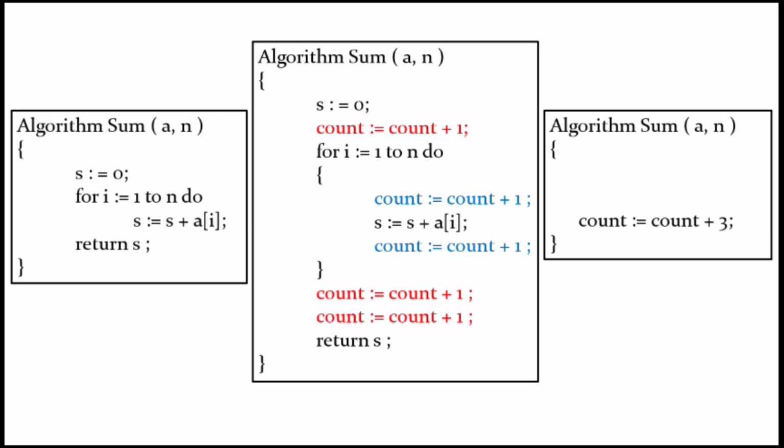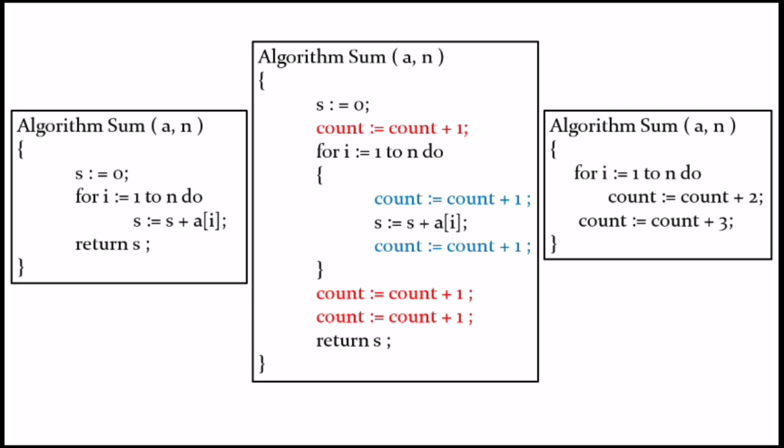Next, in the for loop we are executing the count statement 2 times. So in the for loop, instead of 2 separate statements, we will write a single statement. Basically, in the for loop, how many times are we executing the count statement? 2 times.